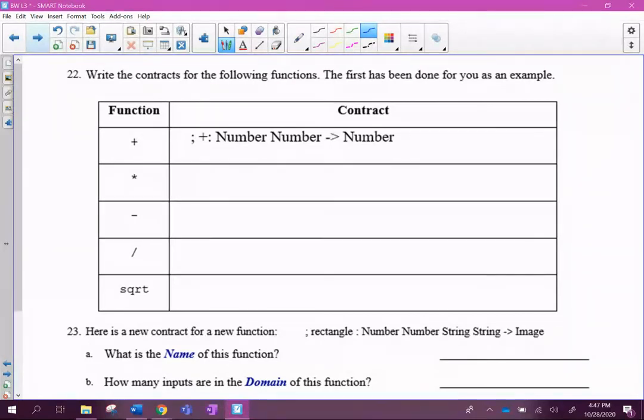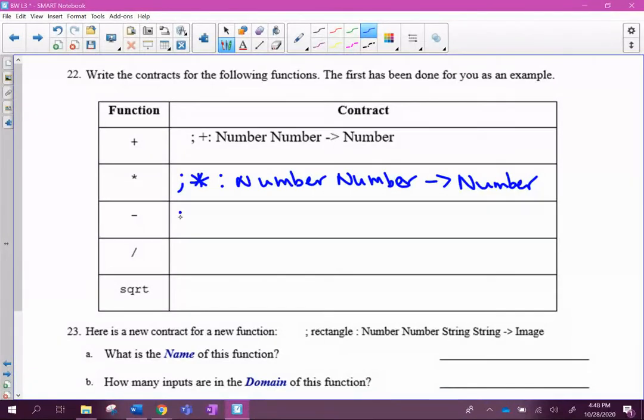Okay? So if we're writing the contract for multiplication, we're going to start with a semicolon. Multiplication is the name, colon. Just like addition, I need two numbers, number, number, arrow, and I get a number out. Okay? Subtraction and division are going to be similar as well.